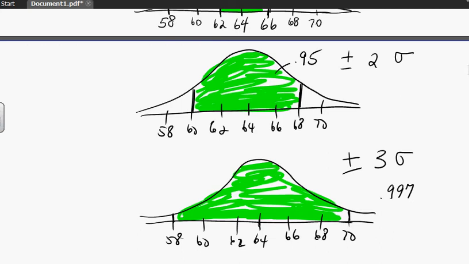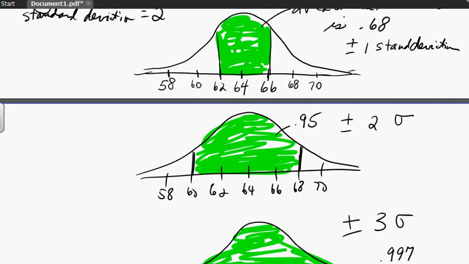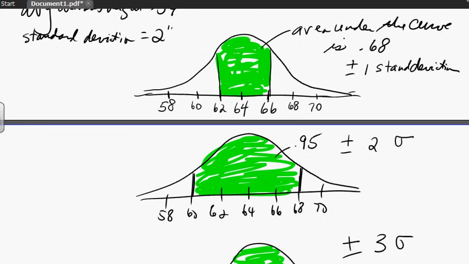Okay, so what does this mean? Go back to the meaning of the very first graph. These are women's heights whose average is 64 with a standard deviation of 2 inches.